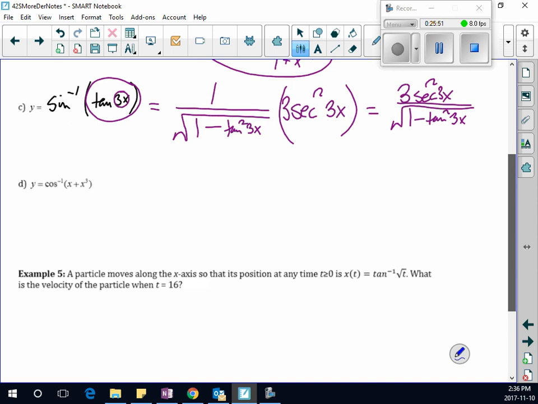1 over minus negative 1 over x, or 1 plus negative 1 over x plus x squared. This is why you have to bring your stuff.